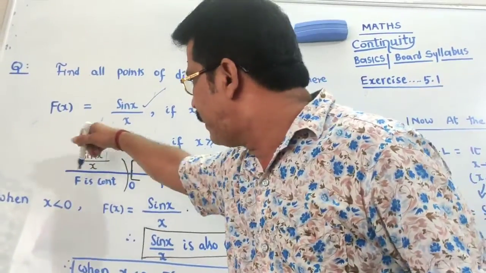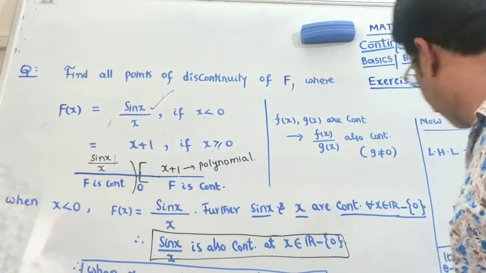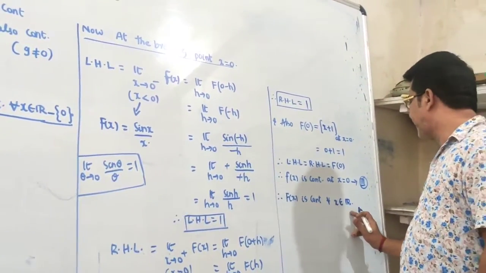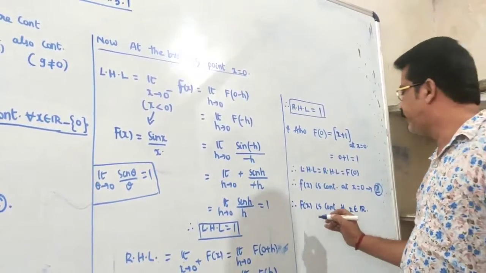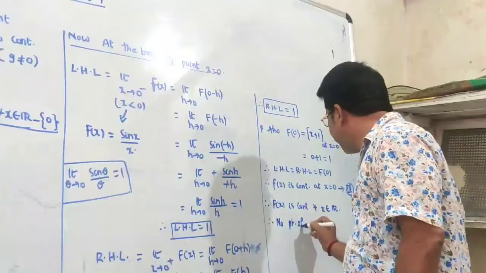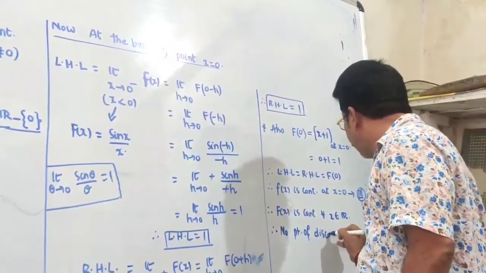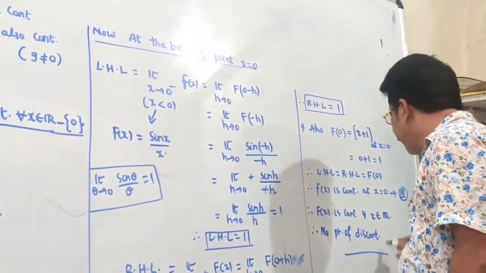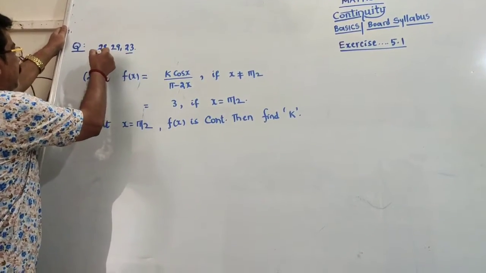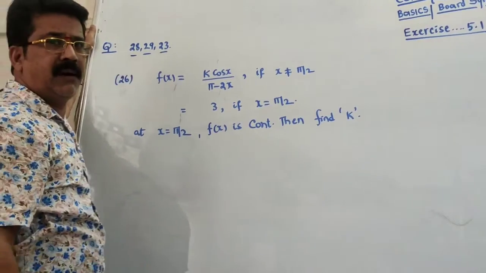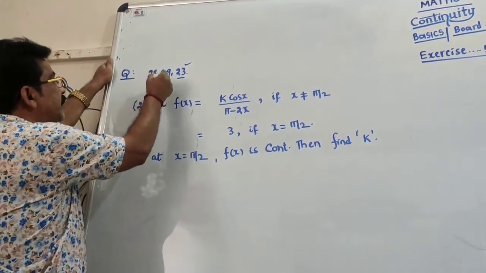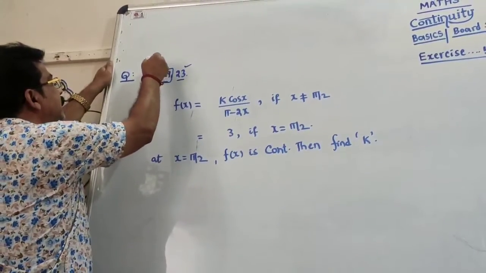Therefore in all areas f of x is continuous. That's what I am telling: capital F of x is continuous for all x belongs to capital R. So therefore there is no point of discontinuity of the given function. Hence question numbers 23, 28, 29 are of the same model. I did 23. Do question numbers 28 and 29 yourself.